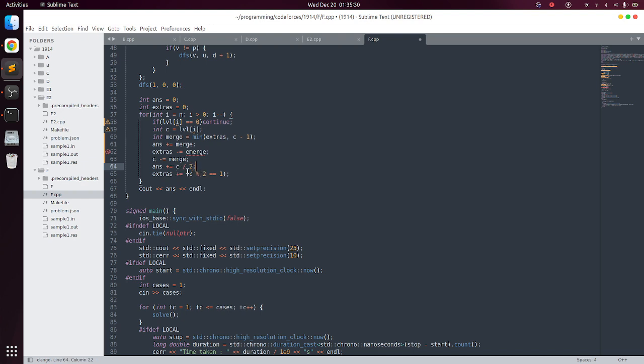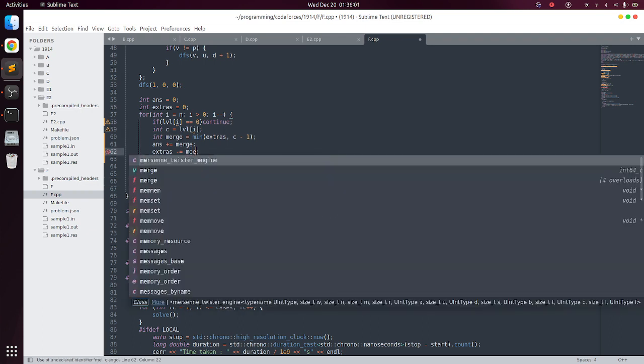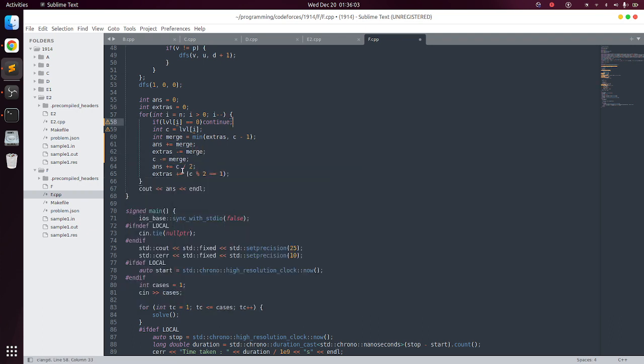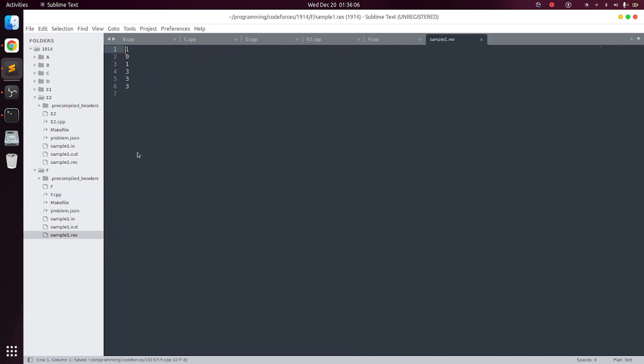And if extras were left, then they will go to level minus 1, a lower level, because this is nothing but iteration over all the levels, from level n to level 0. So these extras would be added. If c was left over, basically 3 were left, 2 were used, then the one that is left will now contribute to extras. And since c was bigger, the current extras would be fully exhausted, you can say that too. So it's one and the same thing. And you just keep on doing this, and then you just keep on increasing the answer, and you get the answer as this.